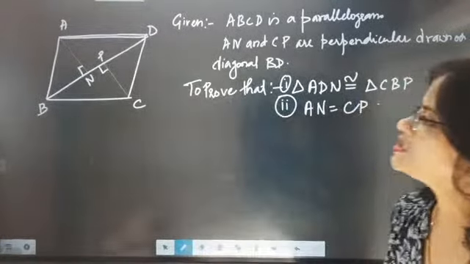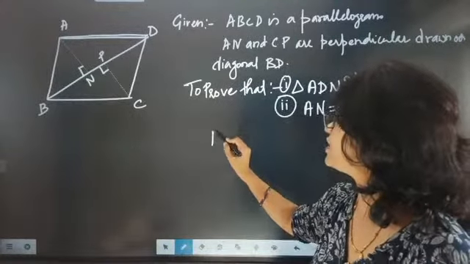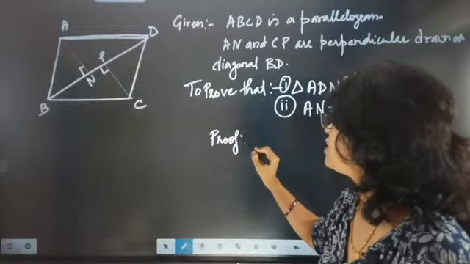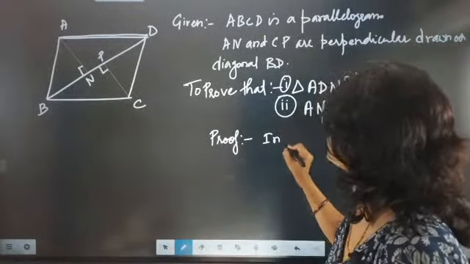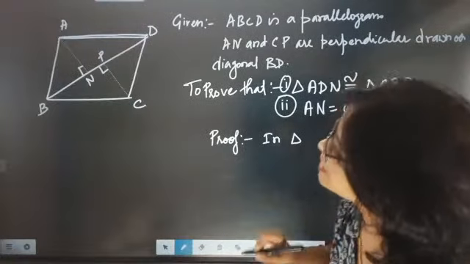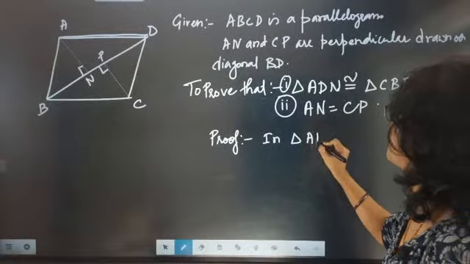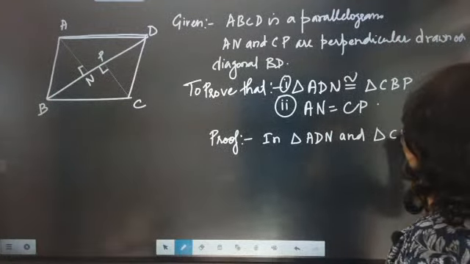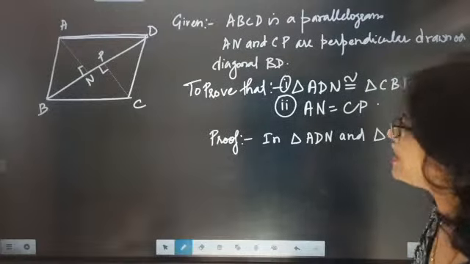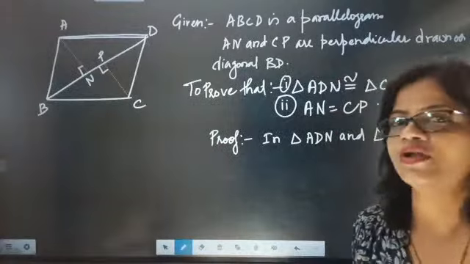Yes, first work is we are going to take the triangles, whatever triangles they said in the proof section. We are exactly going to take the same triangles. So in triangle ADN and triangle CBP, first thing is that the perpendicular part is already given.